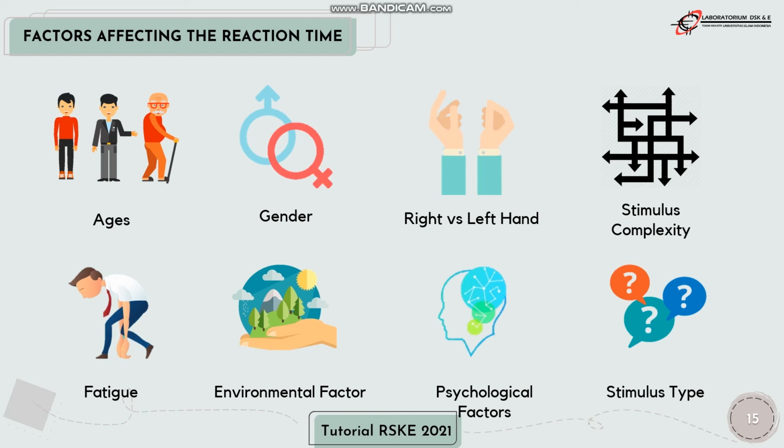Third, right and left hand. Each hemisphere of the brain has several different specific tasks. The left hemisphere is thought to be the verbal and logical brain, and the right hemisphere is thought to regulate creativity, social relationships, facial recognition, and emotion.